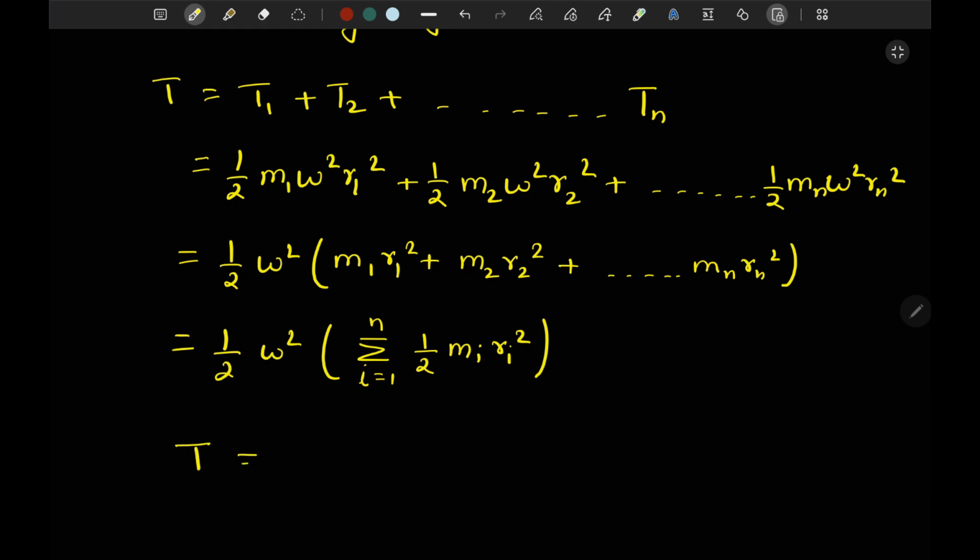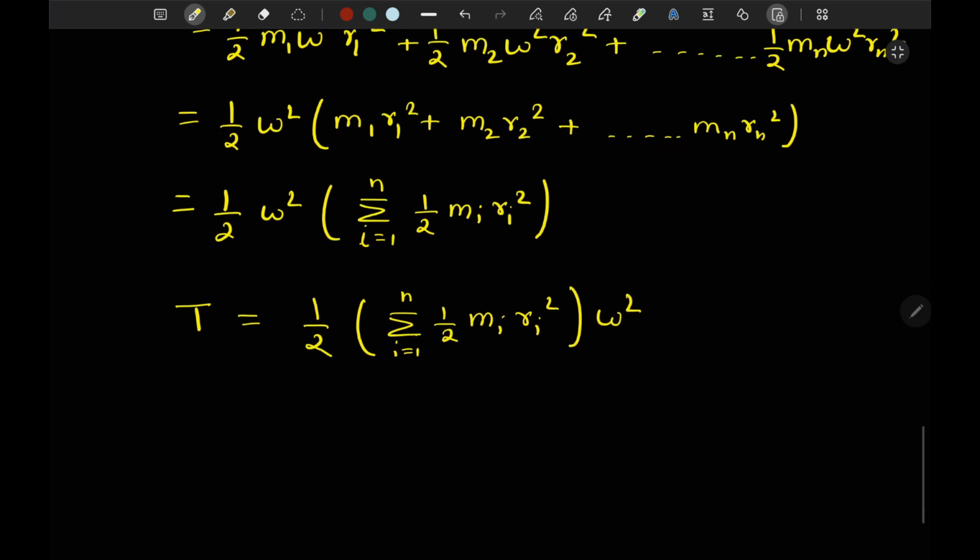So finally T is equal to 1 by 2 summation i equal to 1 to n mi ri square omega square. This term, summation term inside the bracket, is defined as moment of inertia.